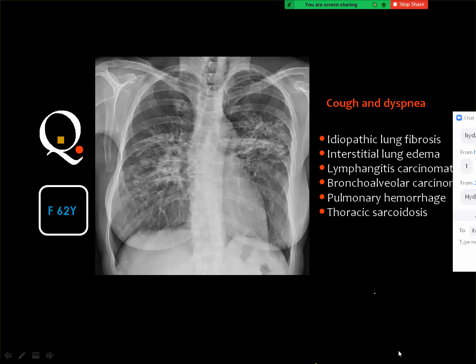Then this patient is a female patient, 62 years old with cough and dyspnea.